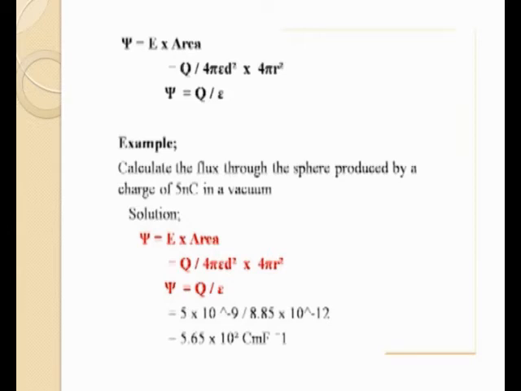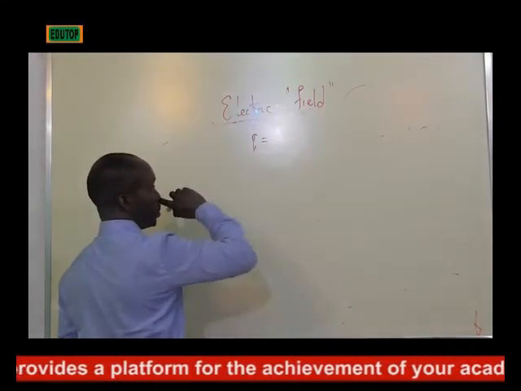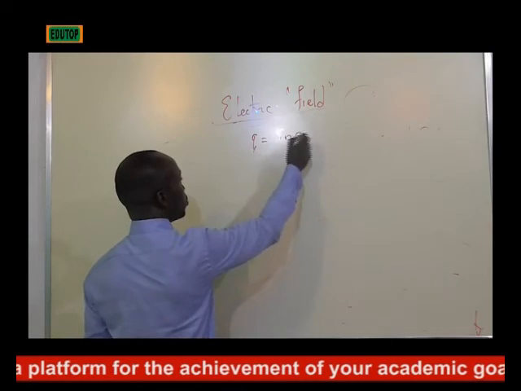So if we take another example, you need to understand it's technical. The example states: calculate the flux through a sphere produced by a charge of 5 nanocoulomb in a vacuum. Now, the charge, your small q, is given as 5 nanocoulomb.